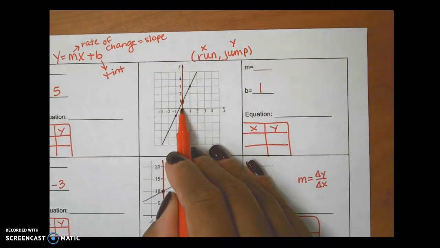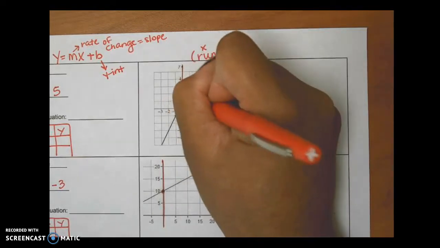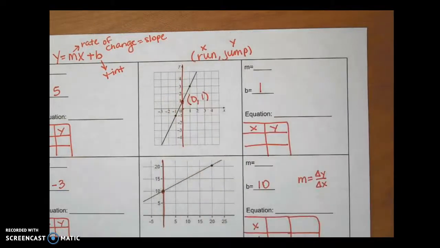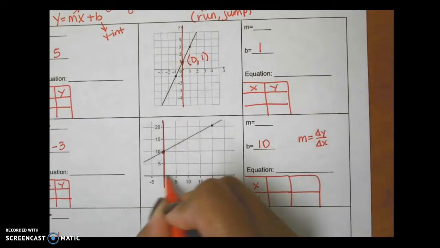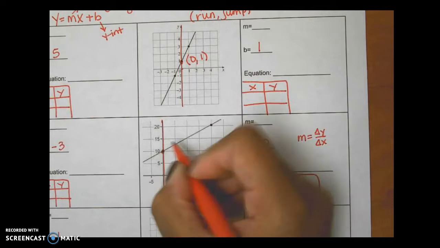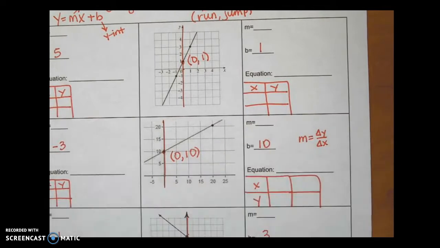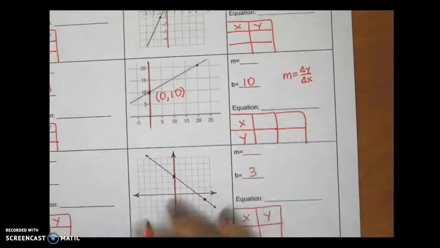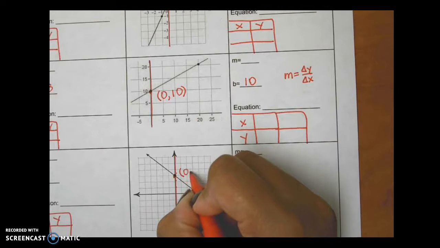So in this case, I run 0 and then I jump up 1. I plot my point. Now that is 0, 1. Down here, I don't run left or right. I just jump up 10. Finally here, don't run, jump 3.